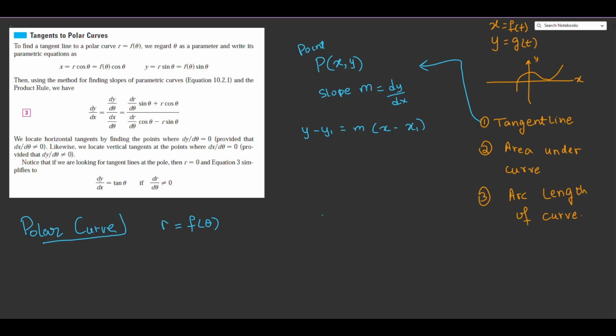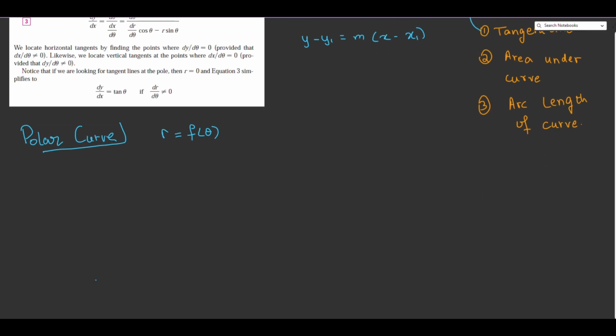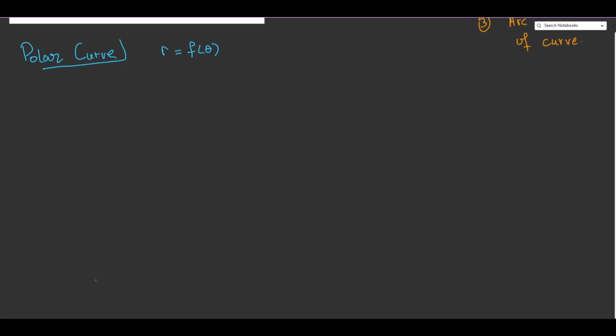In order to find dy by dx, we need to find x and y in terms of the parameter theta, and then we differentiate them, and then we are going to find dy by dx. So our first goal is the following.